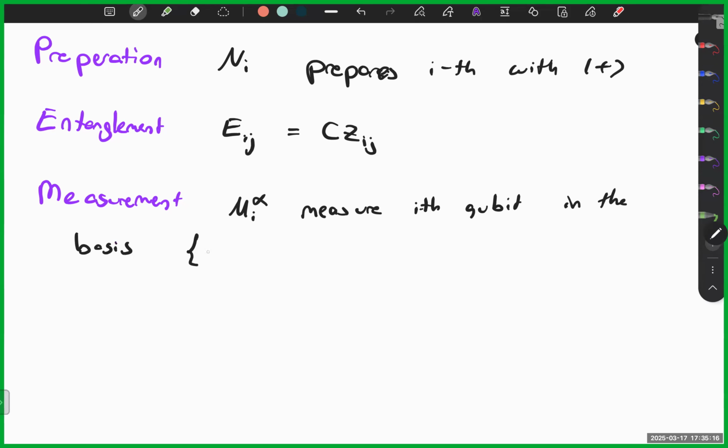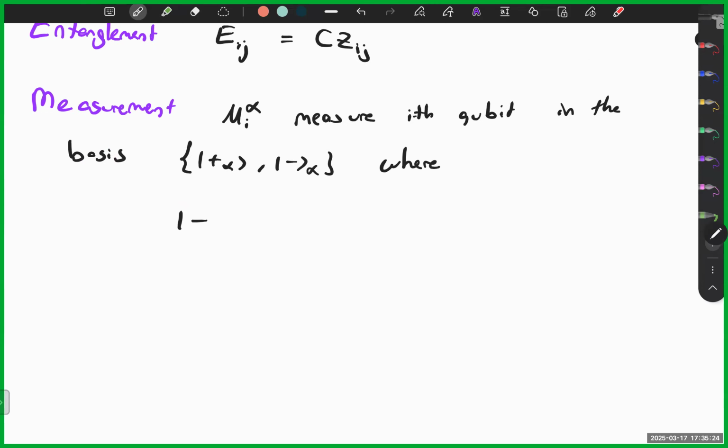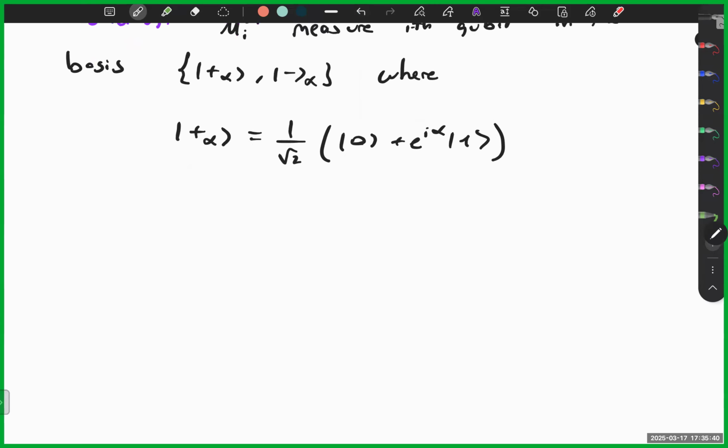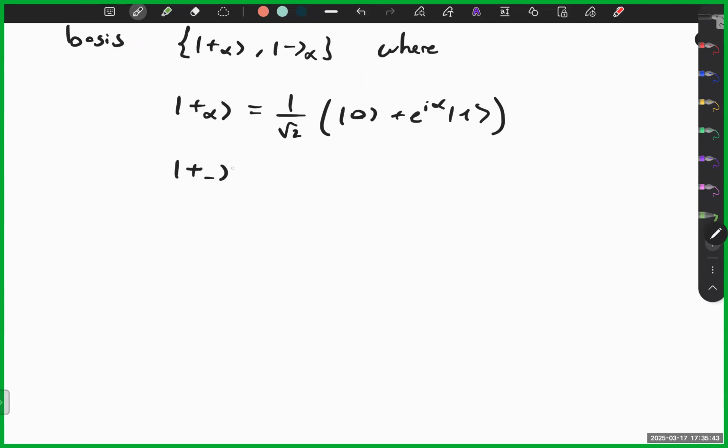We denote it by plus alpha and minus alpha, where they are defined as: plus alpha is the 0 plus e^(i alpha) times 1, and minus alpha is similar to the plus and minus without alphas, but we have the minus sign in here.